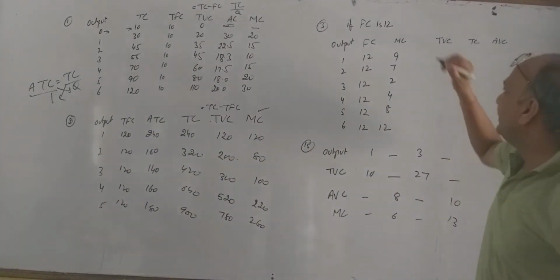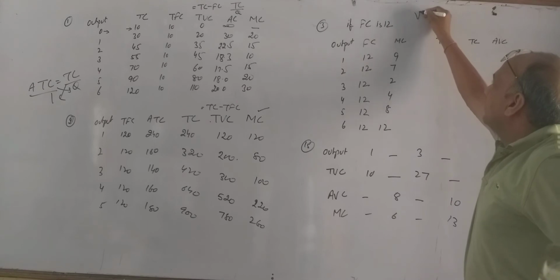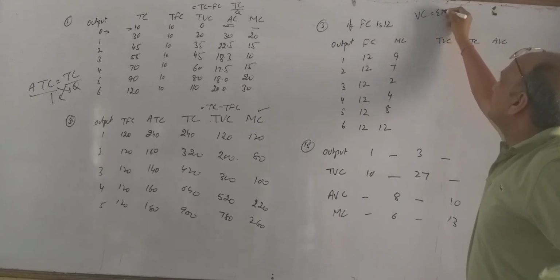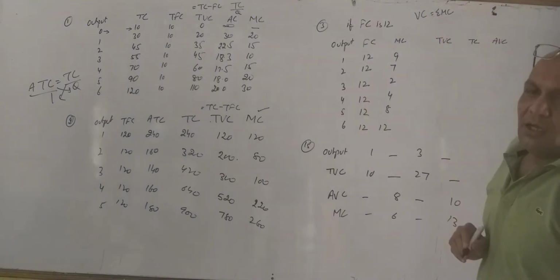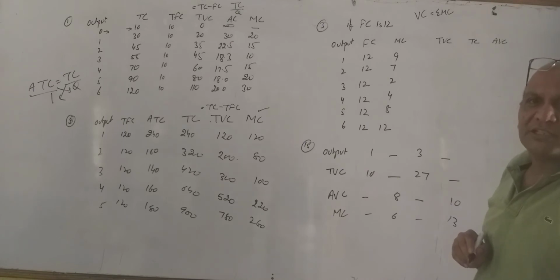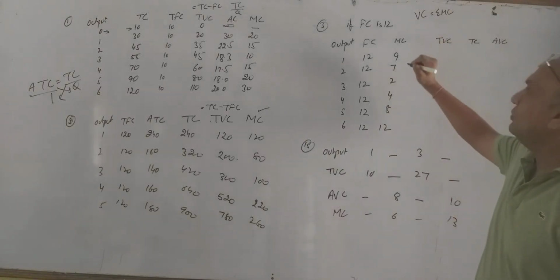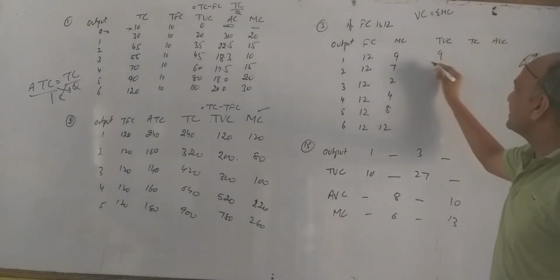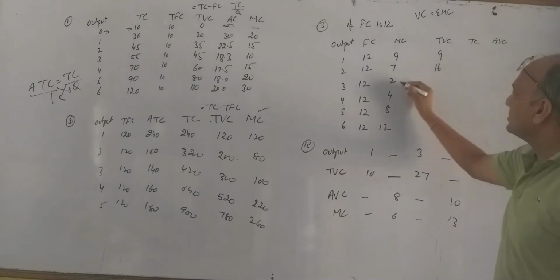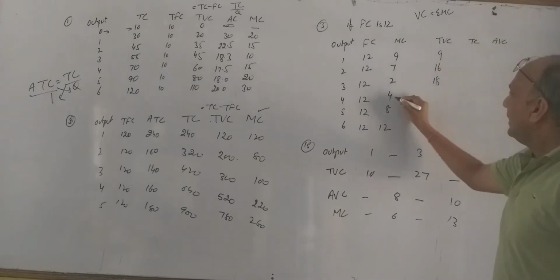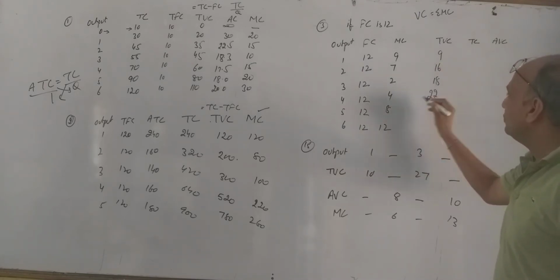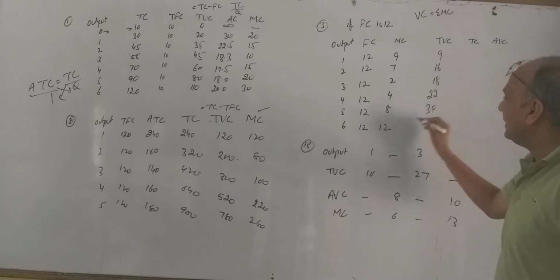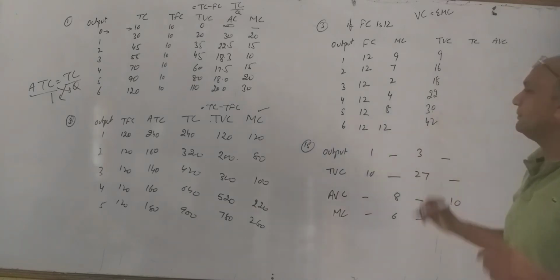So my dear, we discussed earlier also TVC or VC is equal to sigma MC. If we keep adding MC step by step through Z addition, that will be equal to VC. That is first 9, then 9 plus 7, 16, 16 plus 2, 18, 18 plus 4, 22, 22 plus 8, 30 and 30 plus 12, 42.